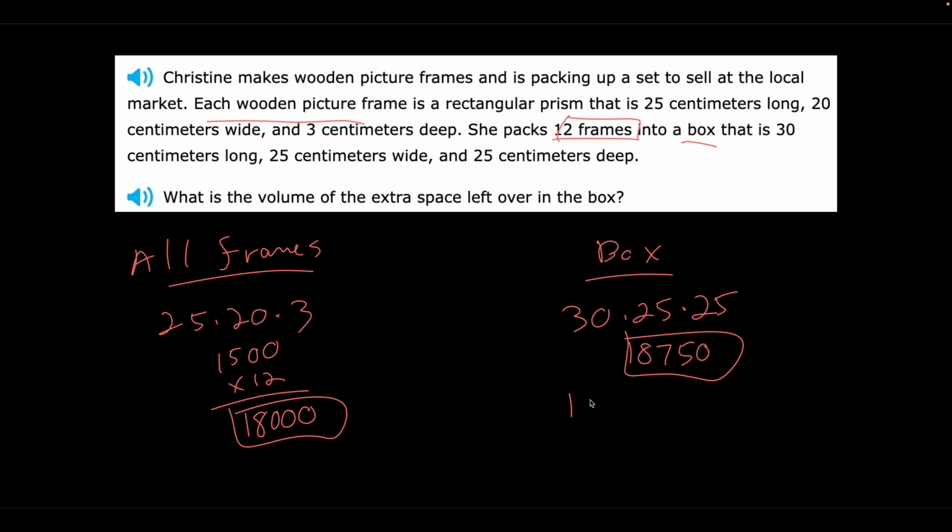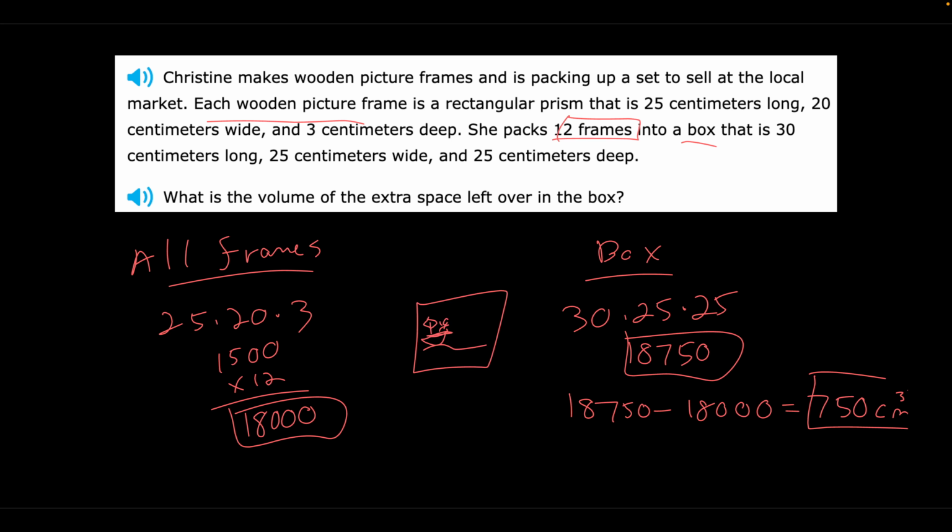So we would do 18,750 minus 18,000, which is 750 cubic centimeters. Okay. Also, I forgot to do a wonderful drawing. Okay, this was a wooden picture frame. So here's my picture.